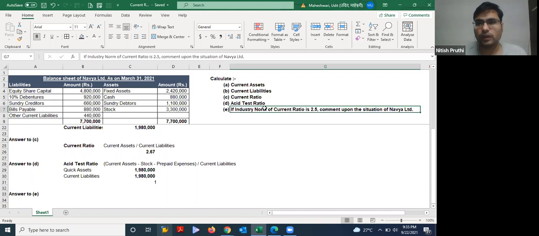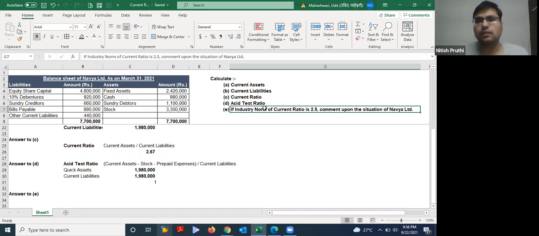So if the ratio is higher than 2.5, it implies higher current assets as compared to current liability, right? A question will always arise: higher the current ratio, better it is. But that is not the case. There has to be an adequate ratio as per the industry practices, as per the operating cycle of any particular industry.